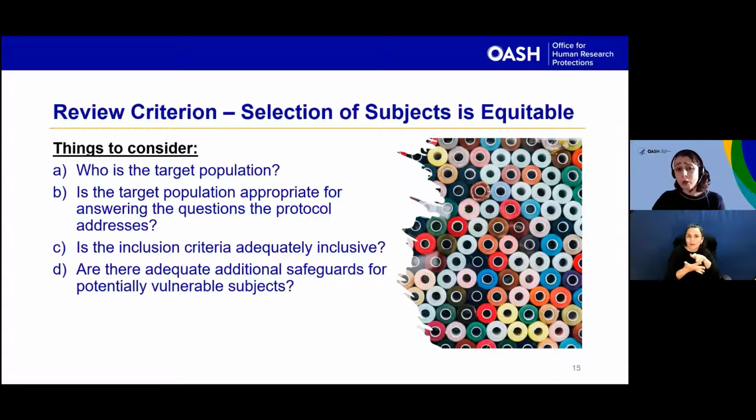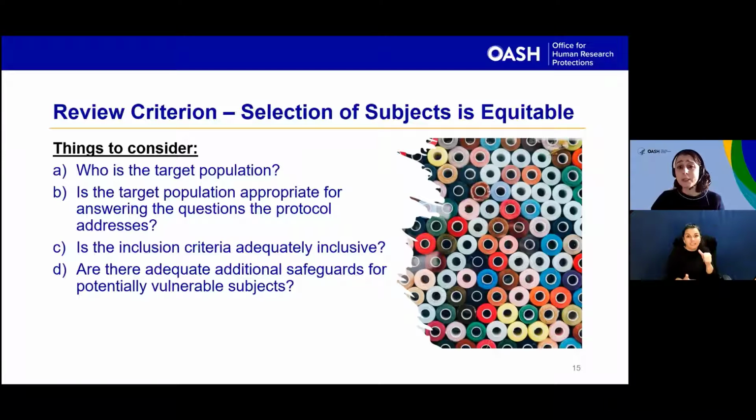So to go back to our example, if your research question pertains to teens in the general population, but your research proposal outlines recruiting teens from, I don't know, a local private prep school with racial, ethnic, and socioeconomic demographics not representative of the general population, your inclusion criteria may not be adequately inclusive.